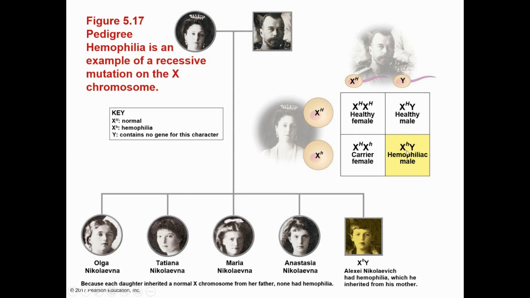So with the men, they only have one X. So if that one X has the lowercase h, then they have hemophilia. We don't see one on this example, but for a female to be a hemophiliac, she would have to have two lowercase h's. Okay. Which explains why it's more common for males since they only have one X chromosome. You got it. Exactly.